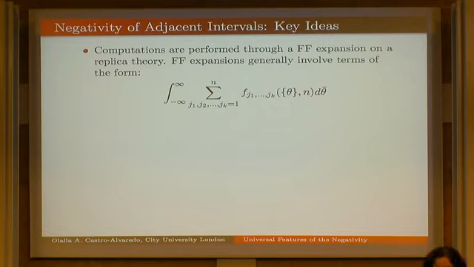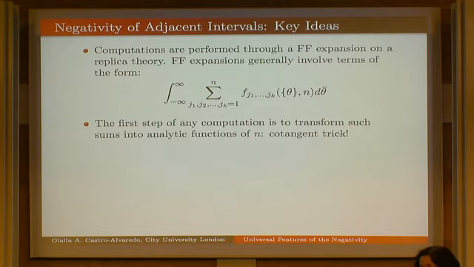Now, we came up with a way of resolving this, which seems to work very well. We already did that in our work with John a few years ago, which is that actually you can do a very simple trick. People usually call this a cotangent trick. So essentially, you can replace sums by contour integrals.